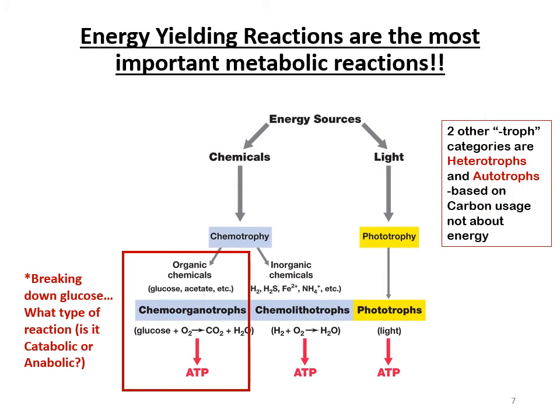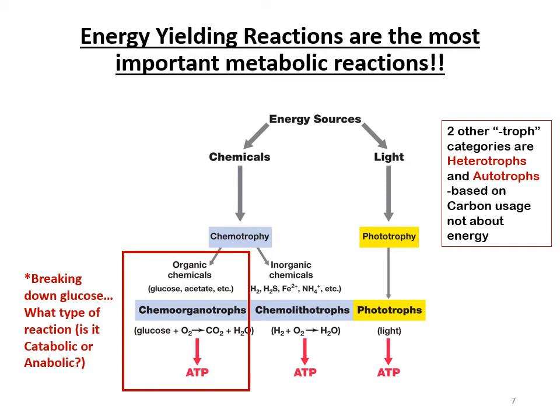Now, the last thing I want to point out on this slide is over here, you see organisms breaking down glucose to get energy. What do we call that? That's respiration or fermentation, right? That is breaking down glucose to get energy. Respiration, which we'll talk about in a minute.